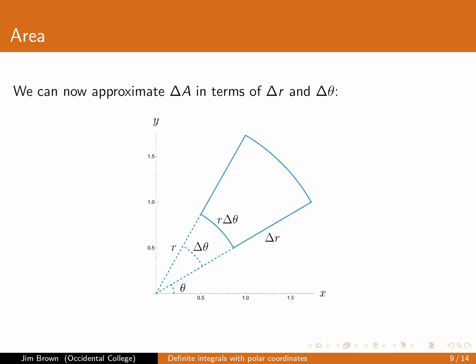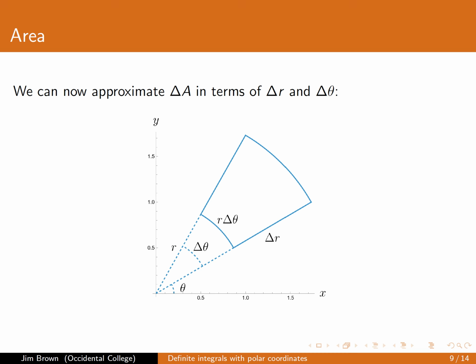So what we just saw is that this arc length here, this is the distance away from the origin, which is r, times the angle, which is delta theta. So this little arc length here is r delta theta. And then this length here is delta r. Even though this doesn't look anything like a rectangle, remember we want to think of these values as very small.